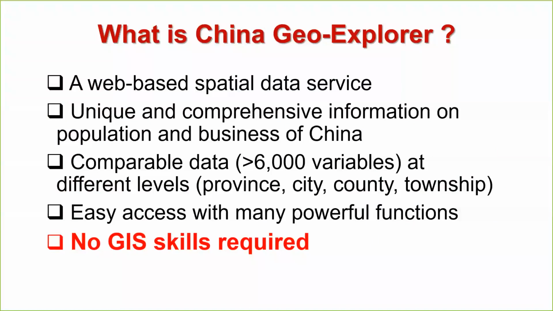It also provides easy access with many powerful functions. It can be used by anyone, even without advanced training. And more importantly, no GIS skills are required. You don't have to learn GIS for making a map or querying the spatial data from the map.